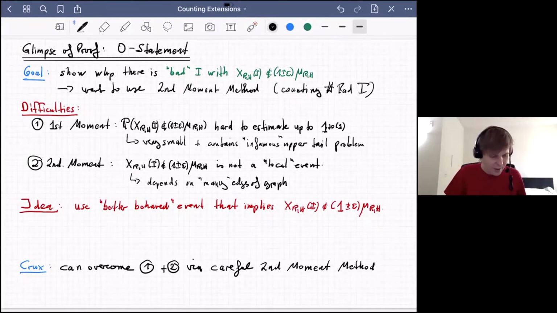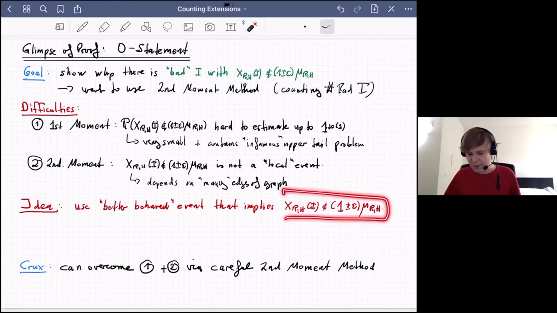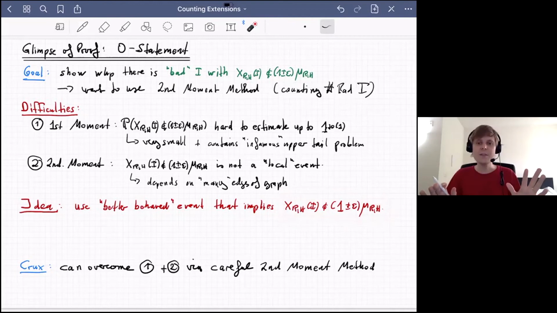And so the idea here is that in some sense, we will just cook up some event that's a little better behaved than just this event that you have too many or too few copies. In some sense, we're going to specify exactly how we want to achieve this event. I'm going to tell you exactly how you achieve this event, and that gives us more structure to work with, okay?